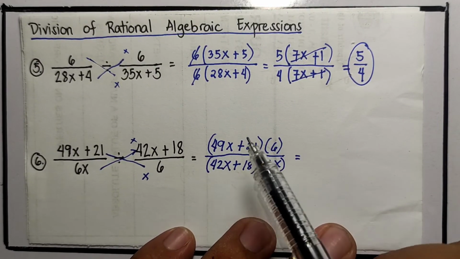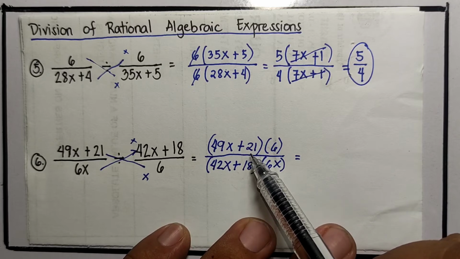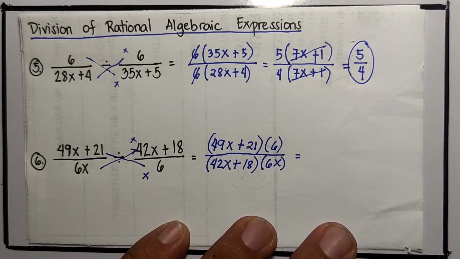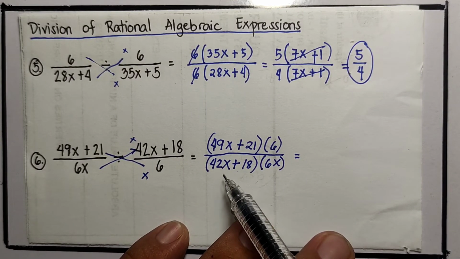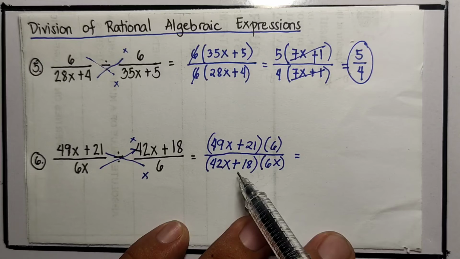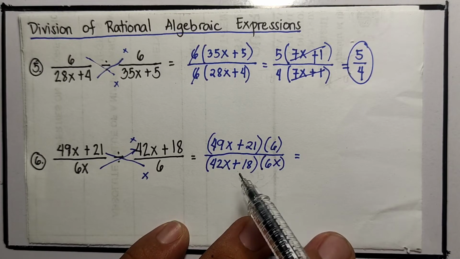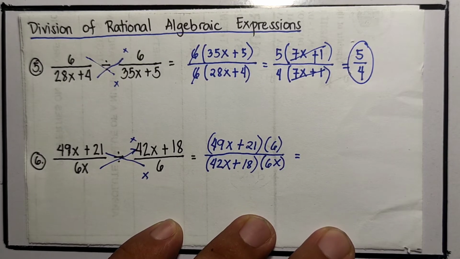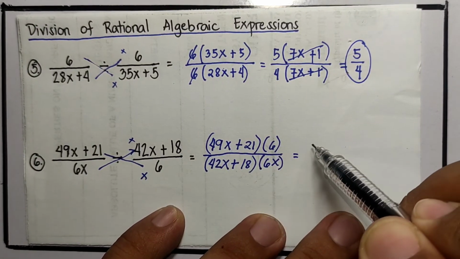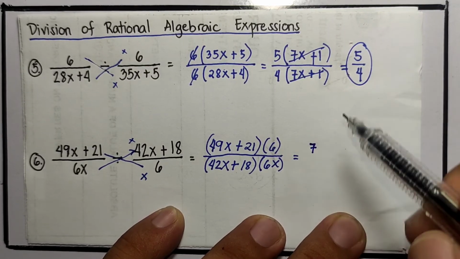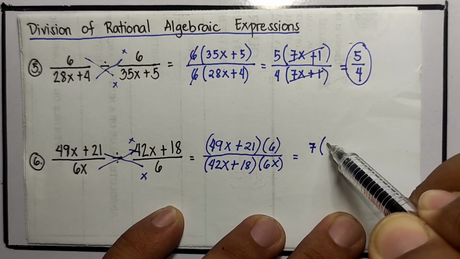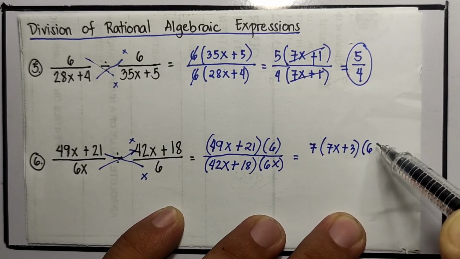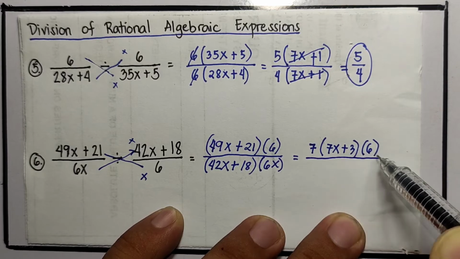We have 49x plus 21, then 42x plus 18. What can we factor from them? For the first one, the common factor is 7, so 7x plus 3 times 6, all over.